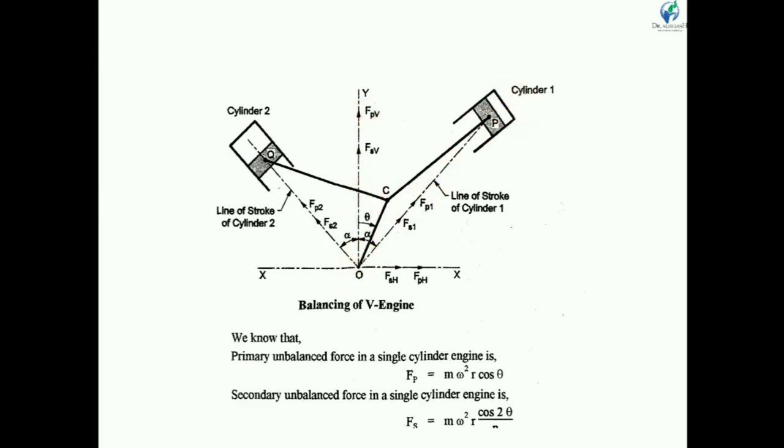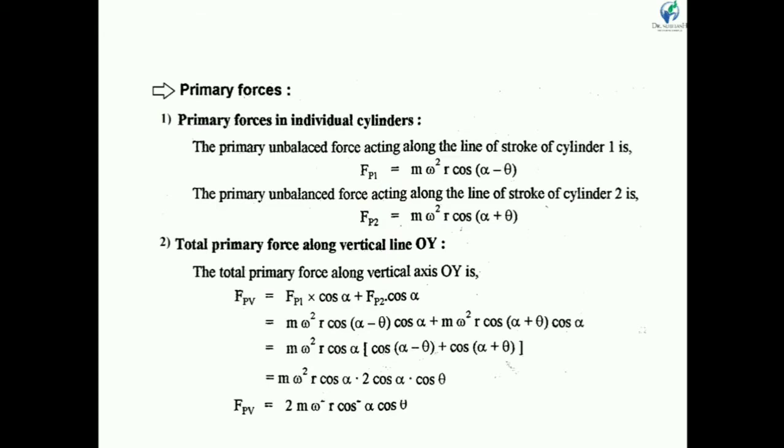So we can say Fp1 into cos alpha, where this angle is alpha. This force has two components, vertical and horizontal. The vertical component becomes Fp1 cos alpha, and again Fp2 cos alpha. So we rewrite the total vertical component of the primary force: FPV is equal to Fp1 cos alpha plus Fp2 cos alpha.